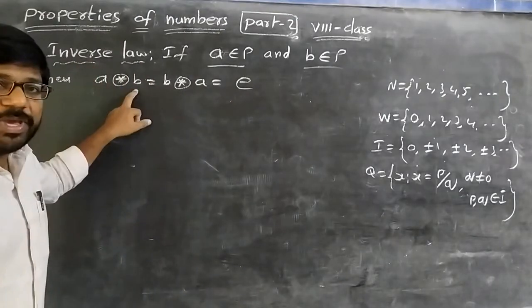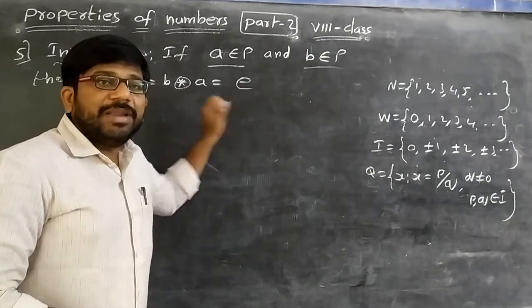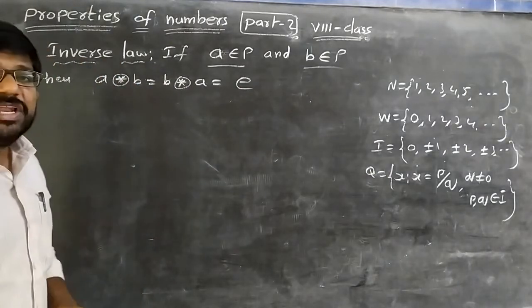So A star B is equal to B star A, and we get an identity element. This is called the inverse law.